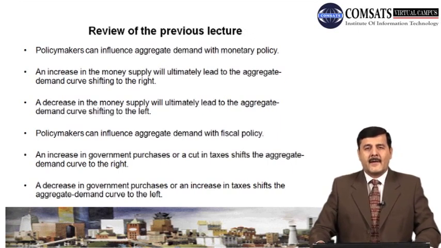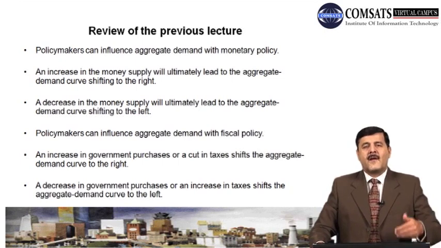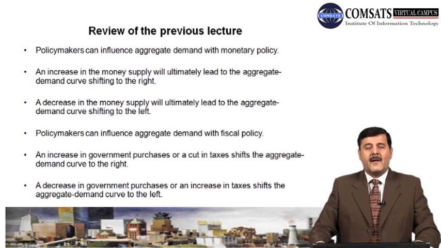Now policymakers can influence the aggregate demand with monetary policy and fiscal policy. First we have seen that an increase in the money supply will ultimately shift the aggregate demand curve to the right. A decrease in the money supply will ultimately shift the aggregate demand curve to the left. Policymakers can influence aggregate demand with fiscal policy also.